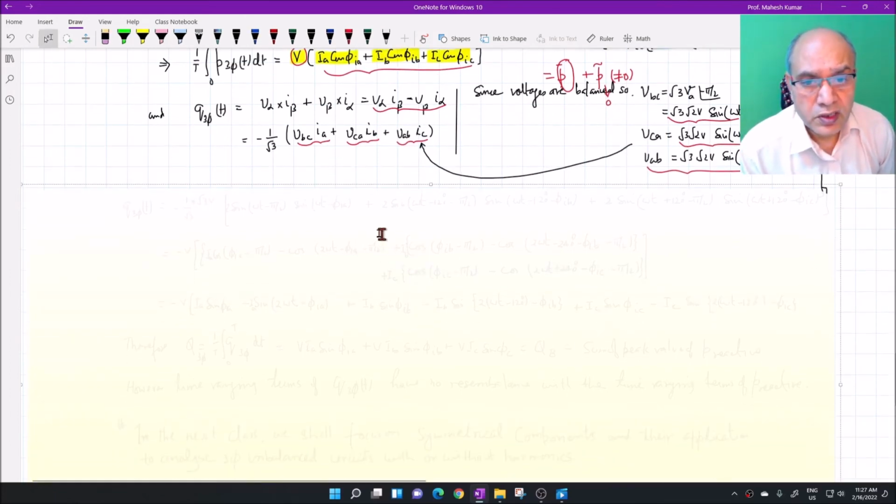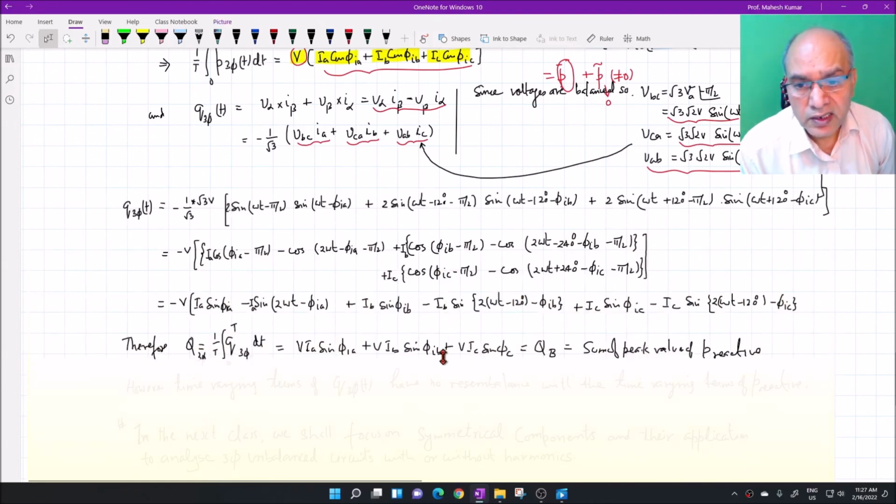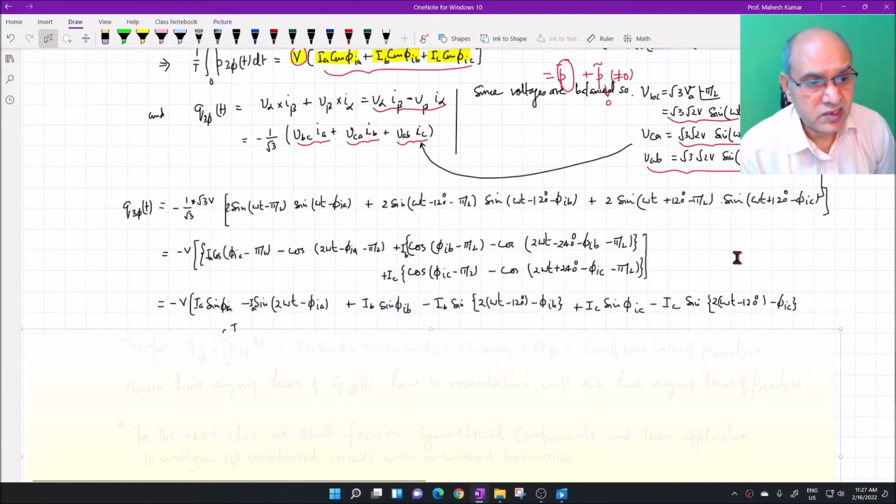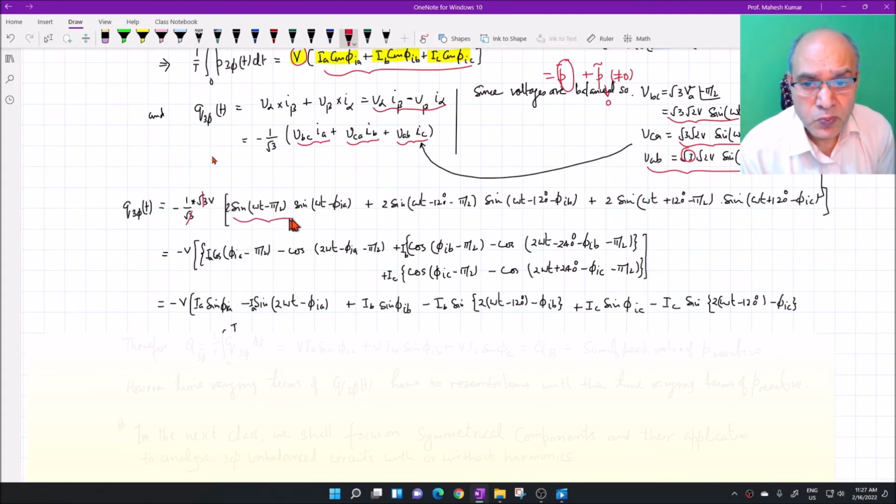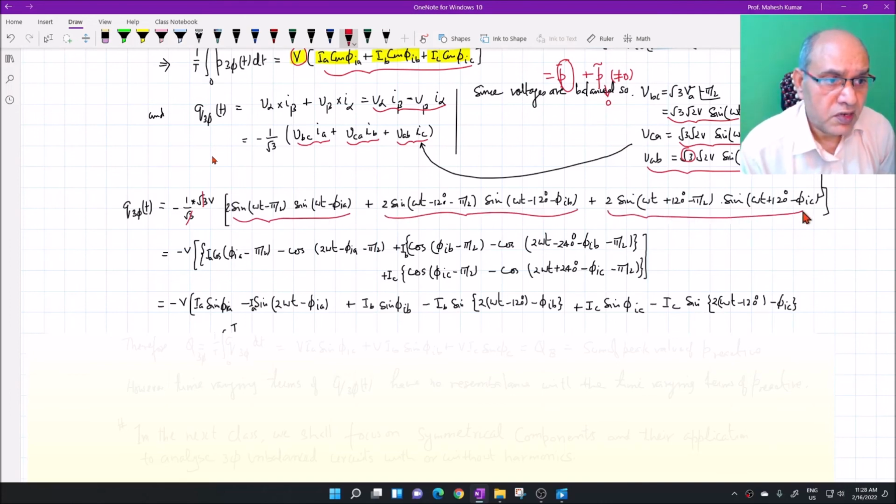Substituting these values in the original expression, we will get this term, that is the three-phase instantaneous reactive power is minus 1 by root 3, and root 3 will come from this side, so this root 3 will go away. We have minus V outside, and in the bracket we have 2 sin A sin B, which can again be expressed in terms of cos A minus B minus cos A plus B. So if we expand this term, cos A minus B becomes cos of phi IA minus phi by 2, and this is A plus B just by adding these two terms.